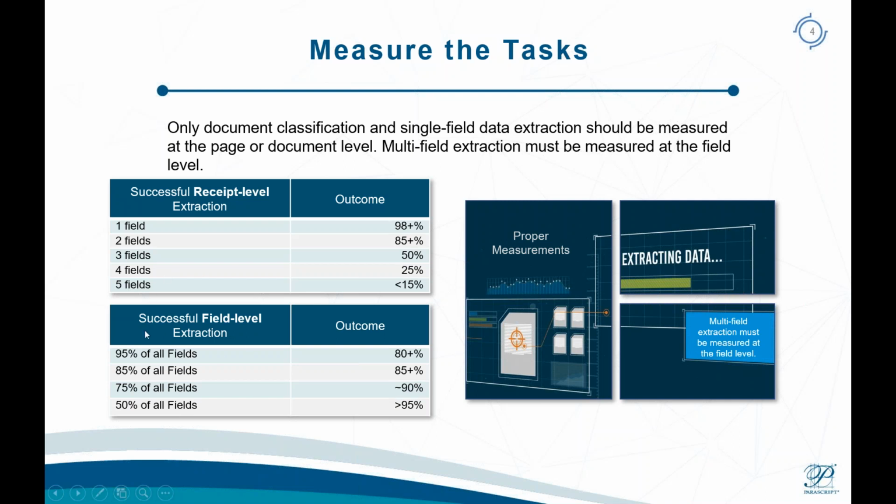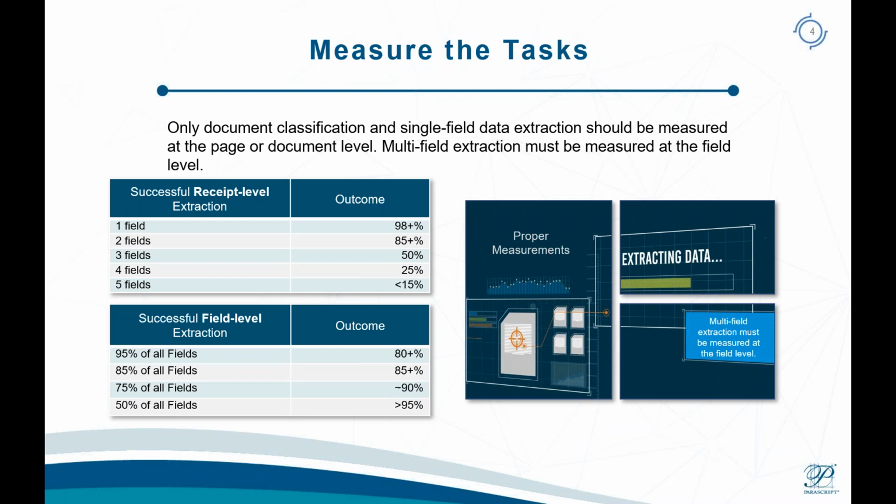The right way to do it is looking at the task level or at the field level. So looking at it this way, if we're measuring it and our goal is to get 95% of all data entry tasks automated, generally for a tuned system you're going to be able to achieve 80% plus.